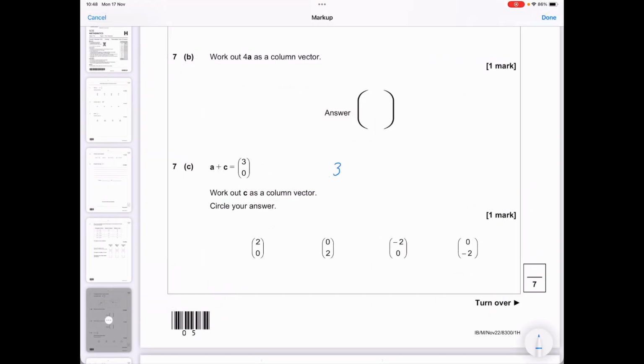So A was (3, 2), then plus C, something there and something there, equals (3, 0). So we know it's got to be 0 here, because 3 plus 0 equals 3, and 2 plus something equals 0, so that's 2 plus minus 2. So it's that.